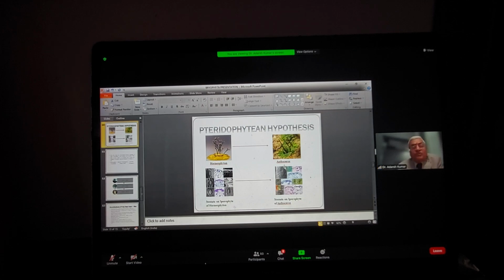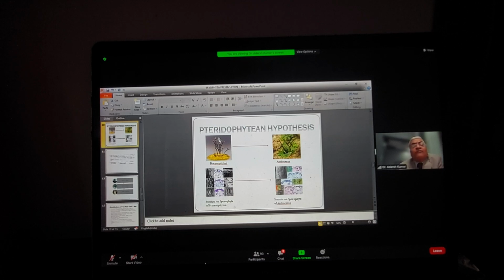In support of this view, this plant is of Horneophyton. This is the gametophyte, and on this is the sporophyte, where the dichotomy is visible, and these are the sporangia, where the spores are produced.